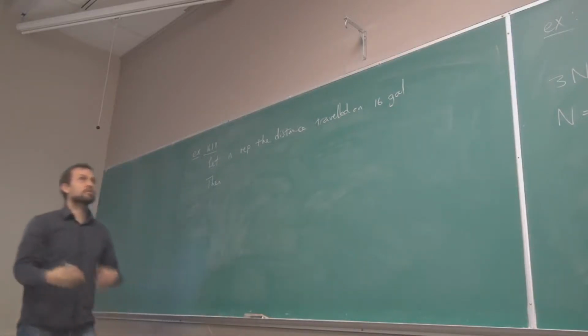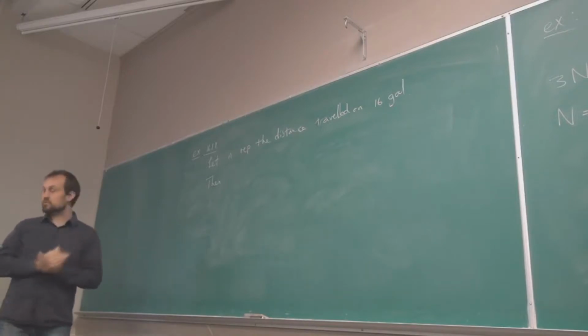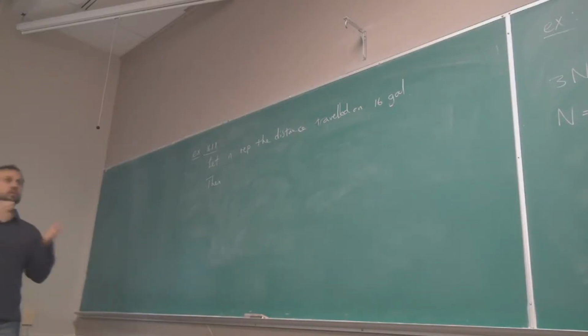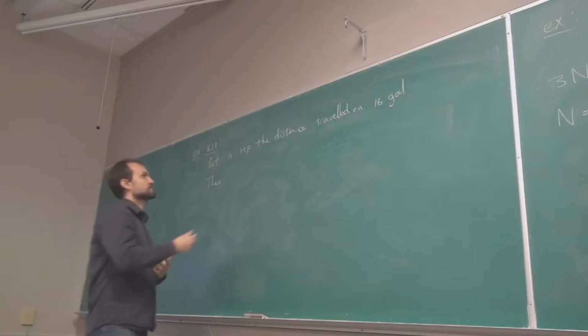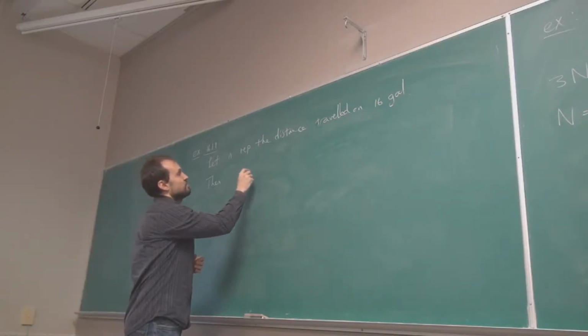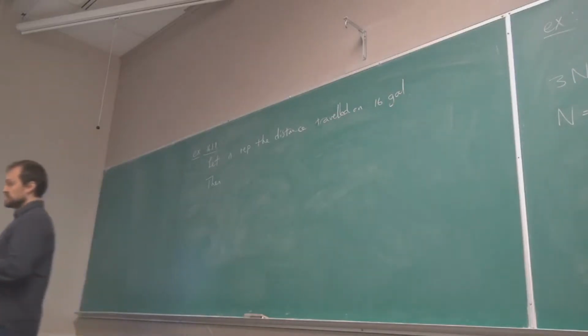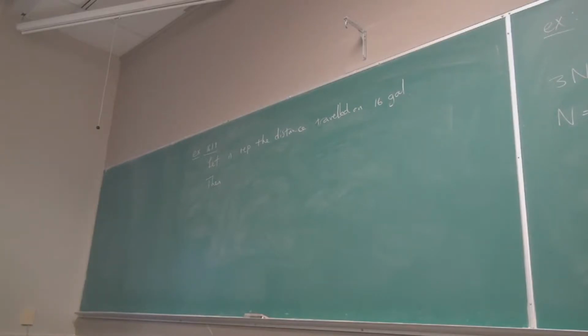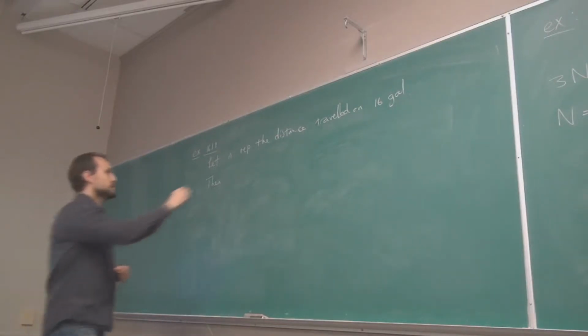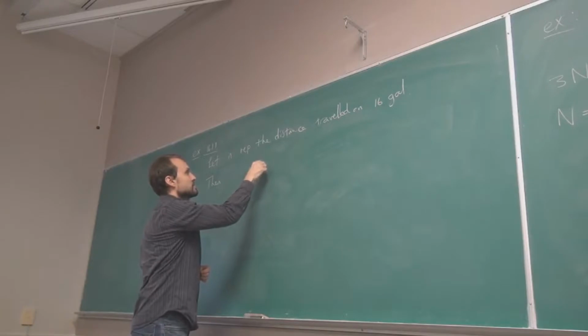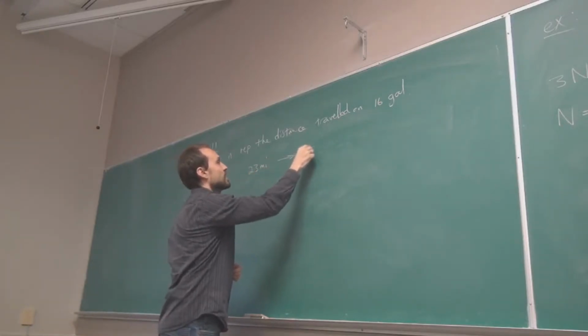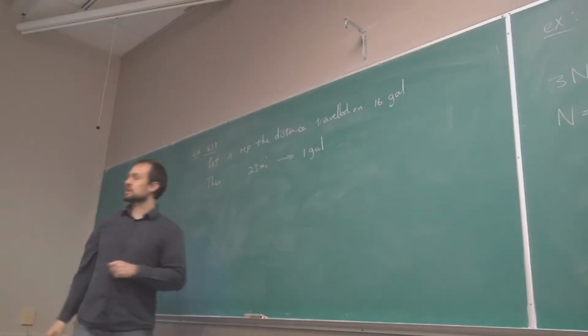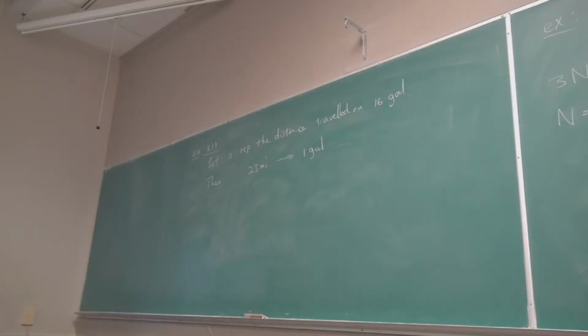How I set it up also has some flexibility. I would only suggest that you do the same thing always to get used to one thing. I'm going to match pairs based on the information. They say 23 miles go with 1 gallon. So 23 miles correspond to 1 gallon. I'm going to write it like that, because that's exactly what they say.